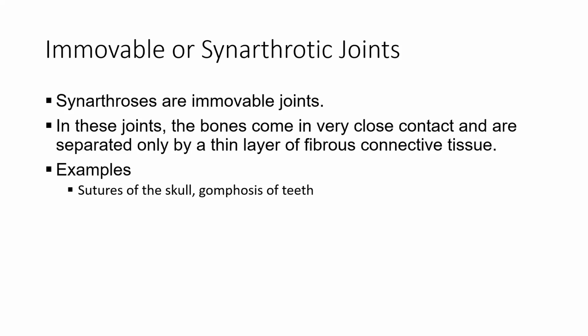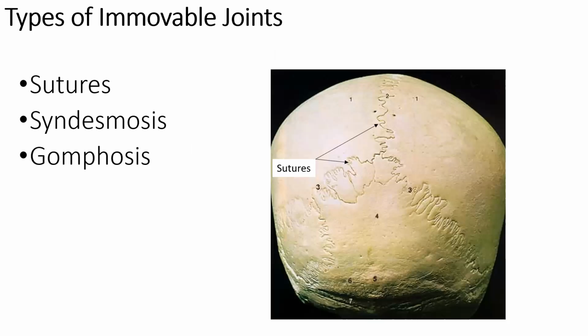That's the case in the sutures of the skull, and with our teeth in the socket. They're not going anywhere, so there's not going to be any friction. We don't get friction in our mouth when we use our teeth, because our teeth aren't going to rub against the mandible or the maxilla. A classic example of the immovable joint are the sutures.